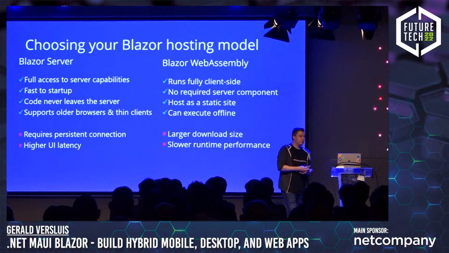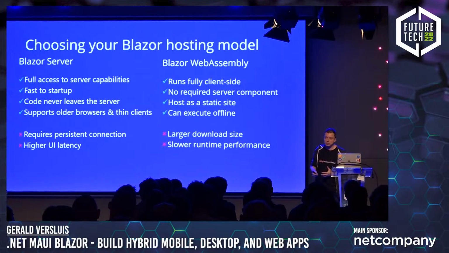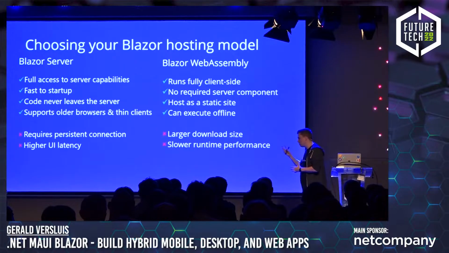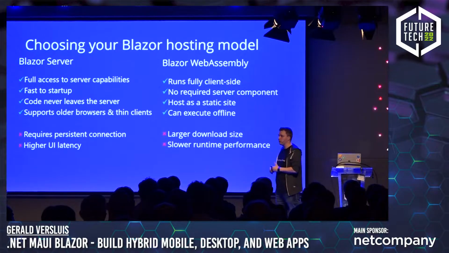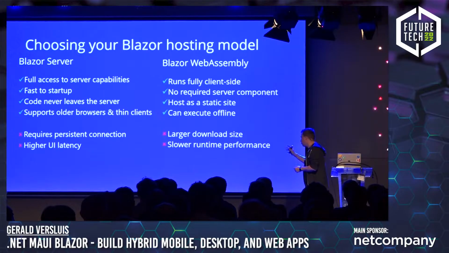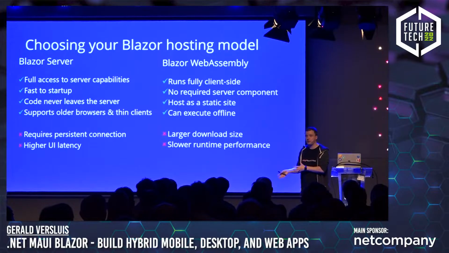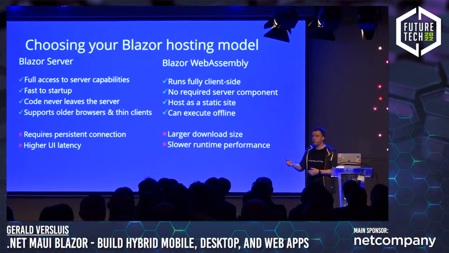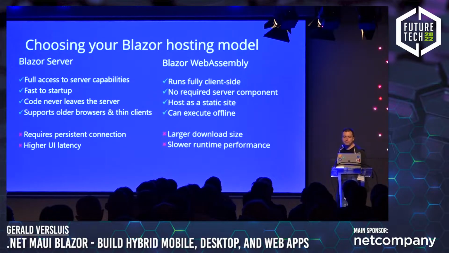For .NET 6, it's just 1 megabyte, so you know it's your regular cat GIF, but still you have to download that whole thing all the time, and it adds 1 megabyte to your application. And slower runtime performance, kind of like, you know, you don't know what machine is going to run it, what client is going to run it, so it can be a little bit slower because everything has to be processed there instead of on a powerful server somewhere in the cloud.